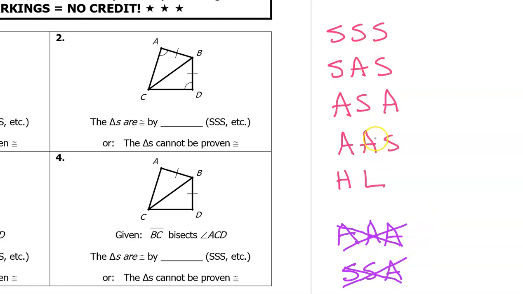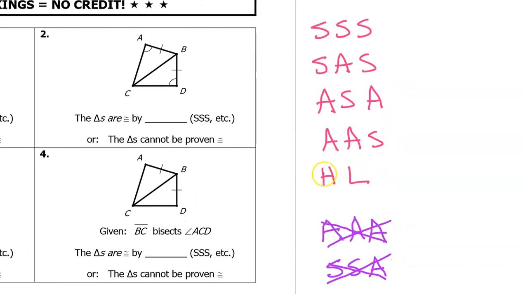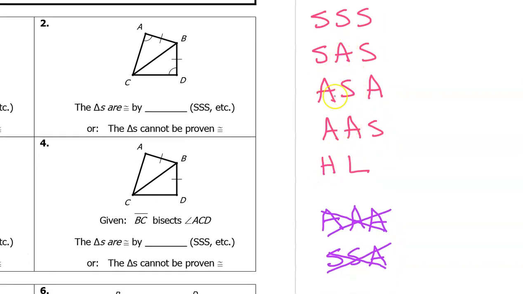So there's one thing I need to point out to you right at the beginning. When you look at these two, for example, ASA versus AAS, both of these involve 2 angles and a side. So what's the difference?